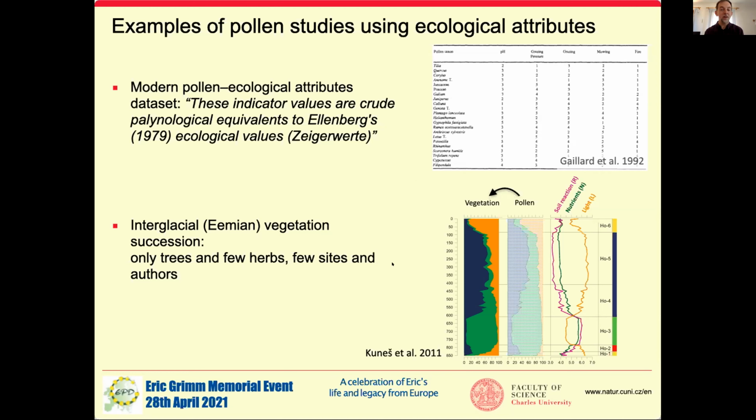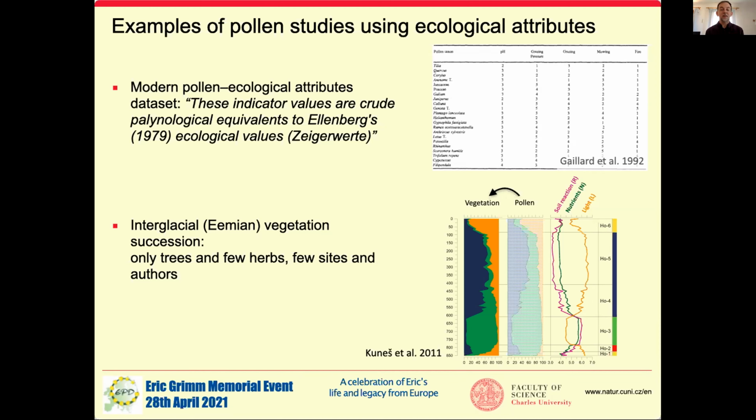Another story I want to highlight is the story of mine and other colleagues, where we used ecological indicators to interpret interglacial vegetation dynamics. And this is one site from quite an old interglacial in Denmark. The advantage of applying these ecological indicators to interglacial pollen taxa is that there are not so many pollen taxa during the interglacials.